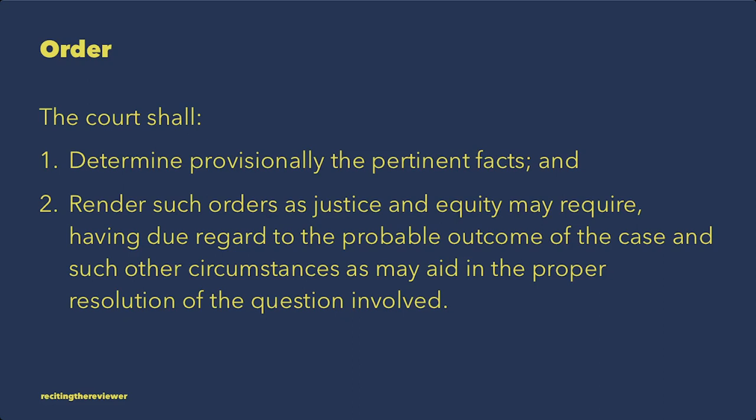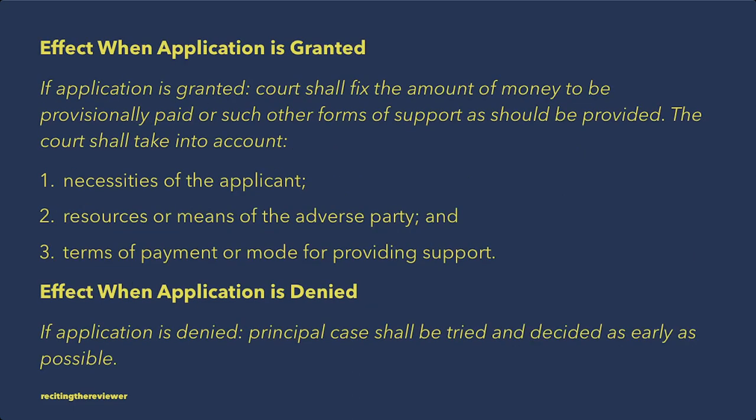So the court shall decide with regard to the probable outcome and such other circumstances as may aid in the proper resolution of the question involved. So the effect when application is granted, as stated in section 4, is that if application is granted, the court shall fix the amount of money to be provisionally paid or such other forms of support as should be provided.